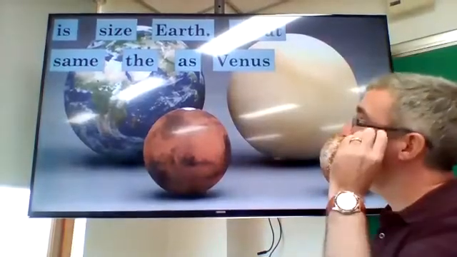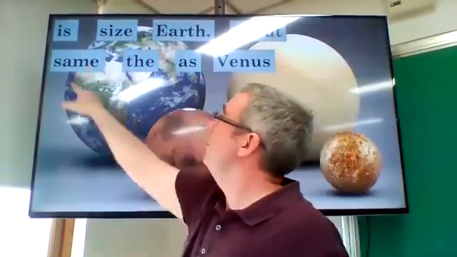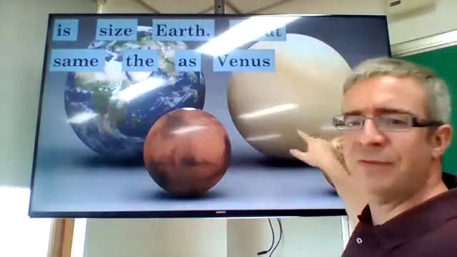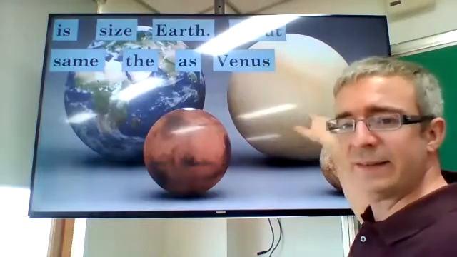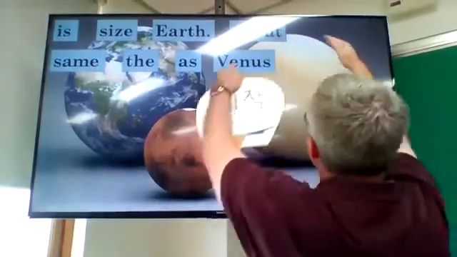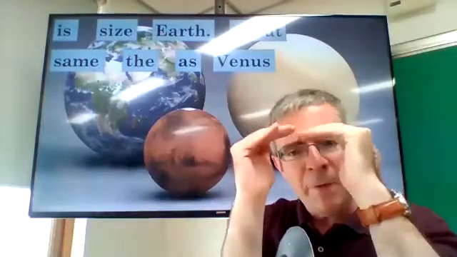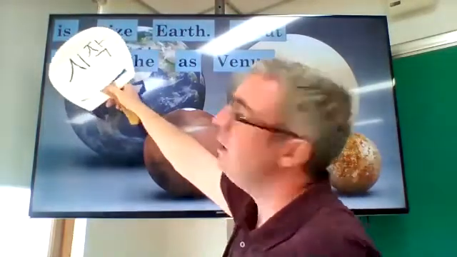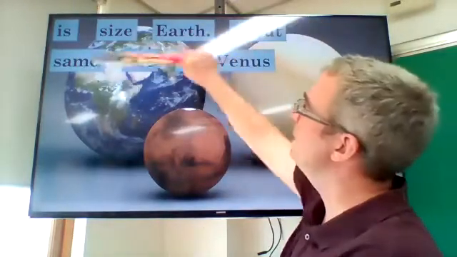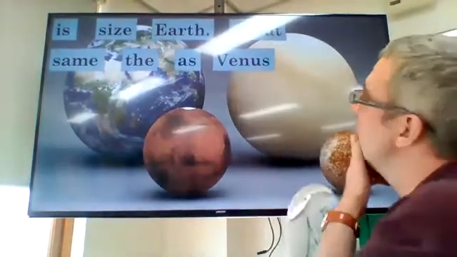All right. And then the next one, these are all to scale. So here's Earth, and then little Mars, and then this one is Venus, and little Mercury. So Venus and Earth are about the same. So is the size of Earth about the same as Venus? So what would go first?